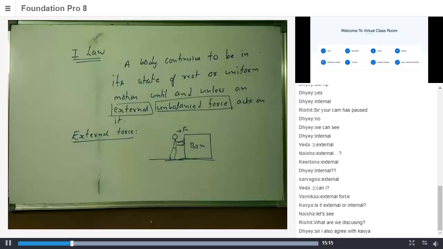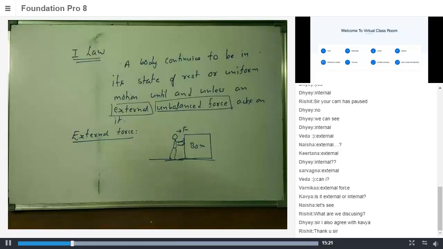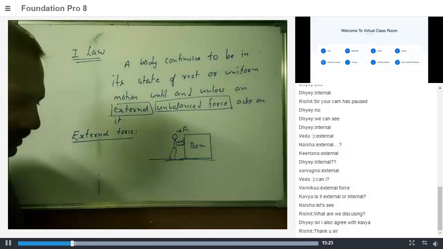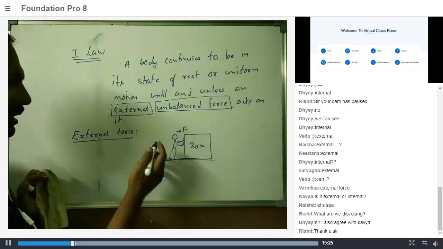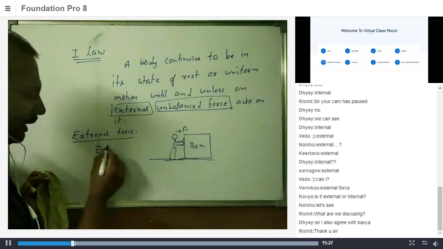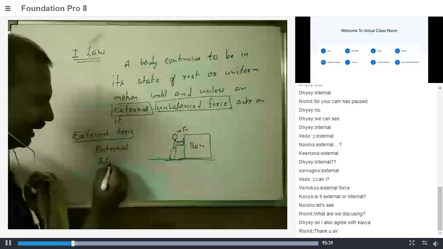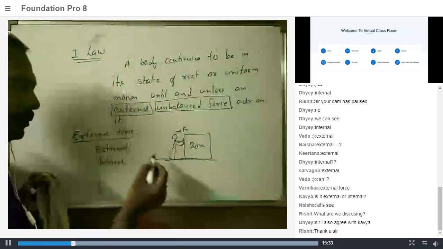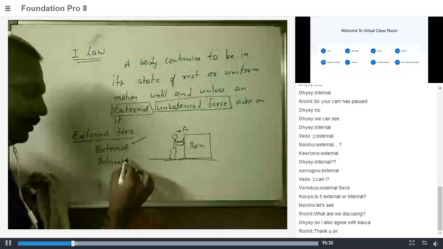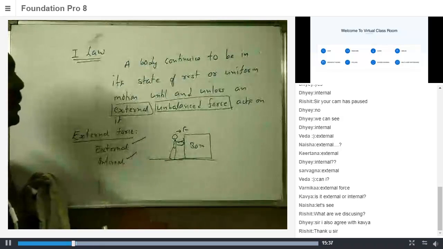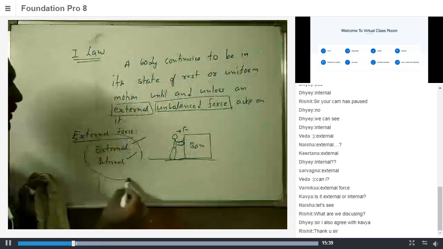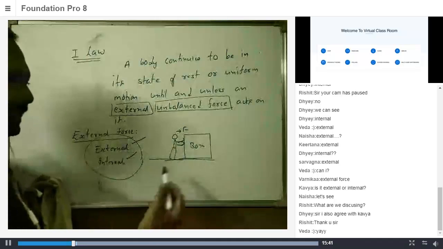Great. Now see, let's answer Kavya's question whether it is external or internal. Both can be considered as external or internal, depending on what we define as a system. You getting it? So the people who said external, they're right. The people who said internal, also they're right, because we didn't define what is our system. Now let's see.